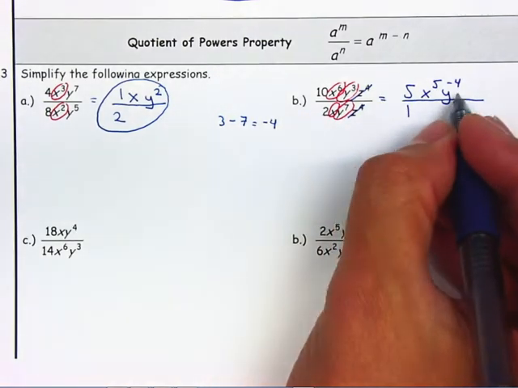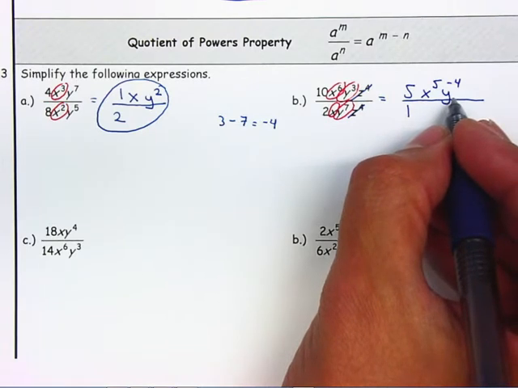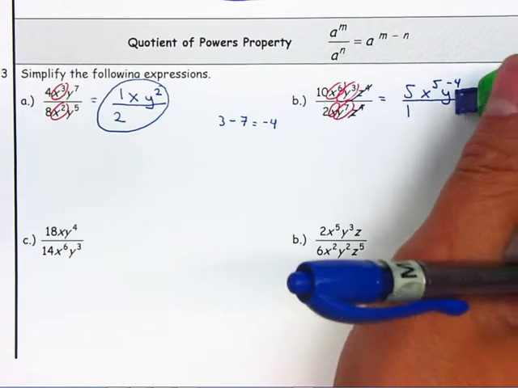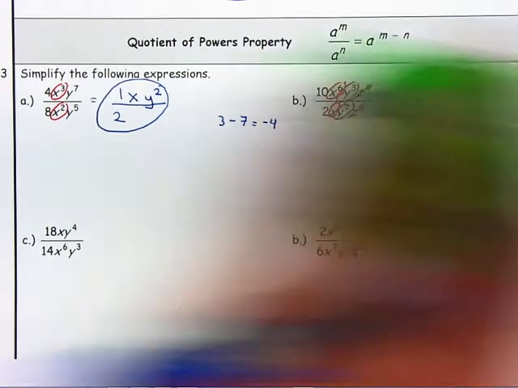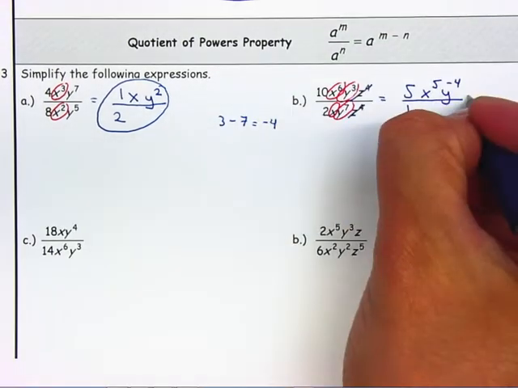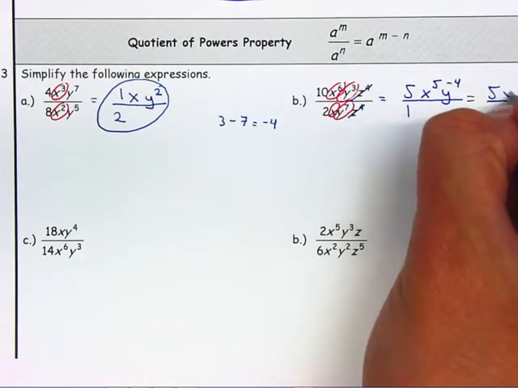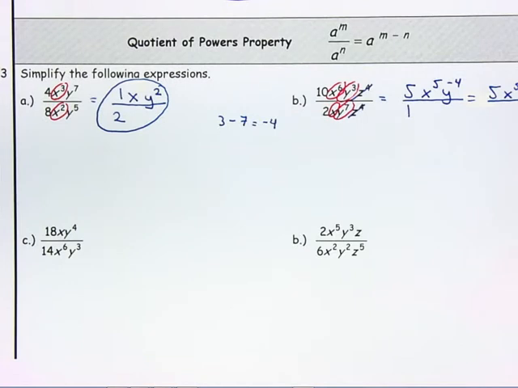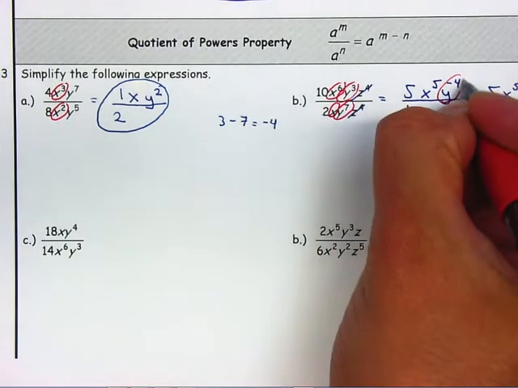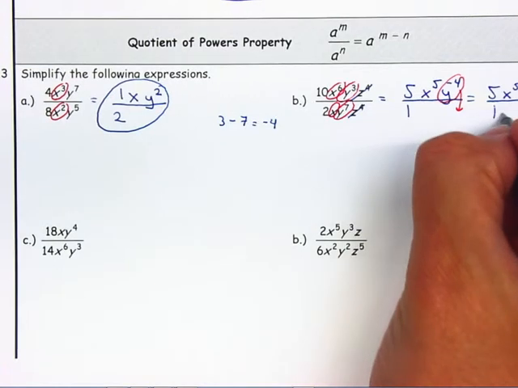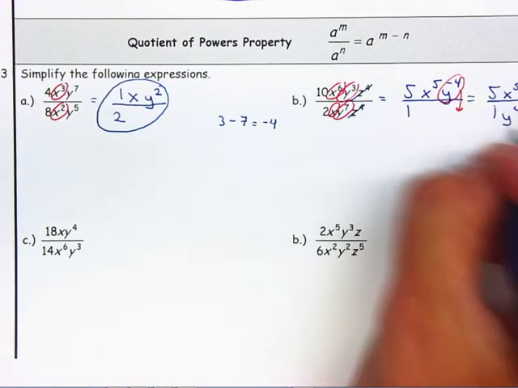Now, you cannot have a negative exponent. If you have a negative exponent, you need to make it positive by switching it to the denominator. So we can make a negative exponent positive, so it'll be 5 x to the 5th, and the exponent will come to the denominator, so give us 1 y to the 4th power.